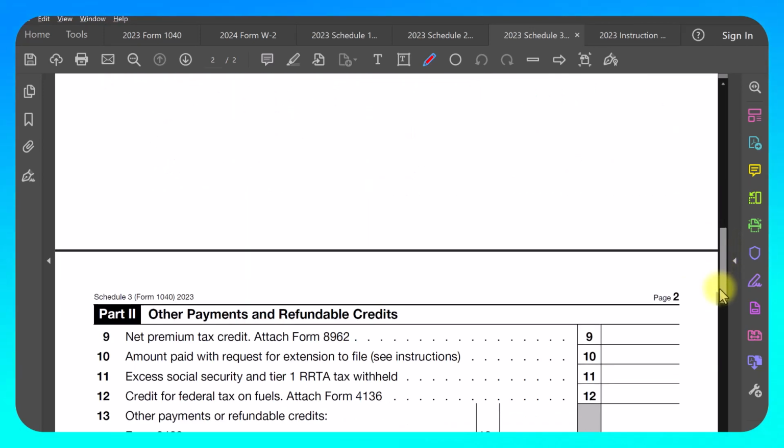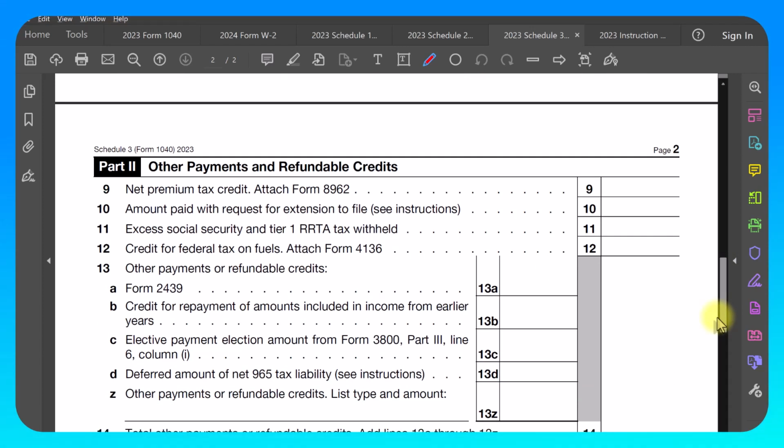And then the backside are the refundable types. So let's say you have health insurance, and if you qualify, you can go through the government exchange where you can buy what they call Obamacare and get a premium tax credit to help you pay for that insurance.